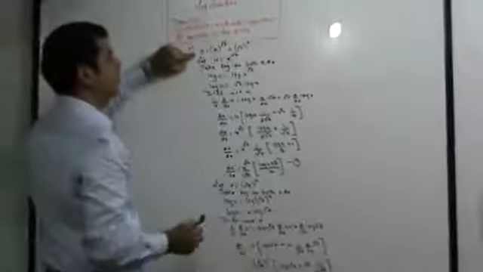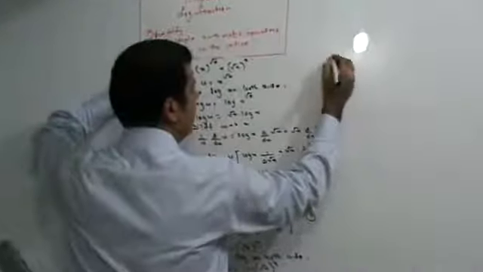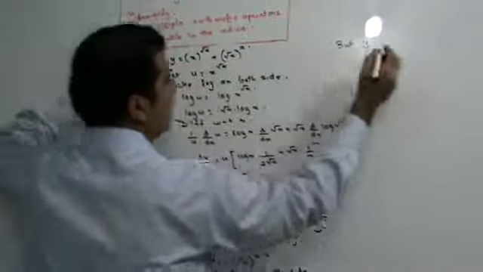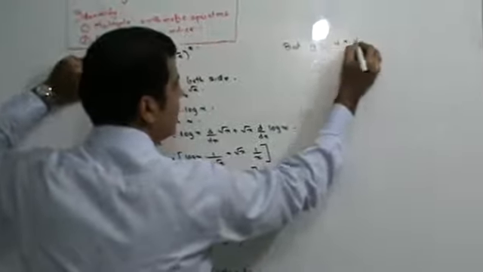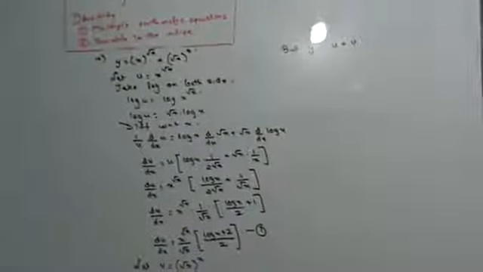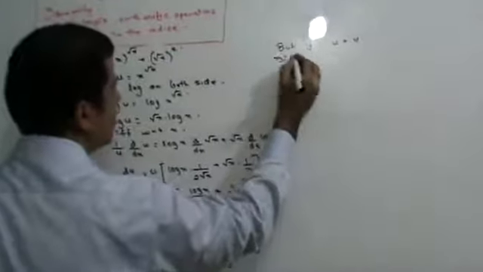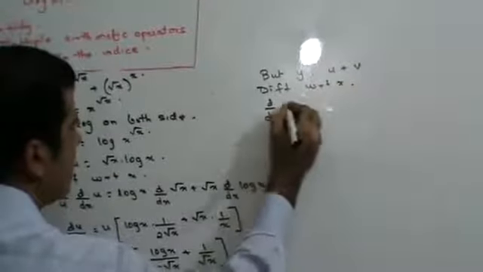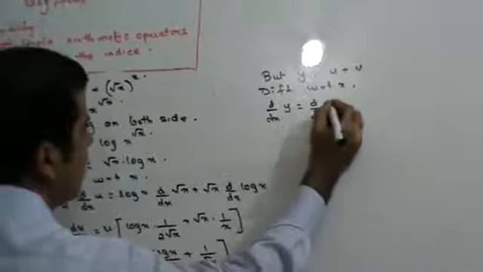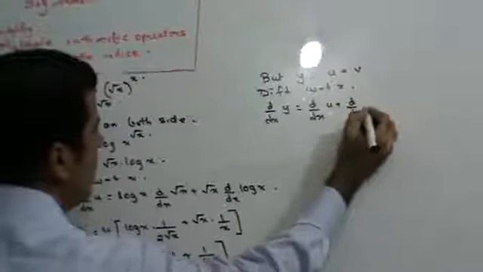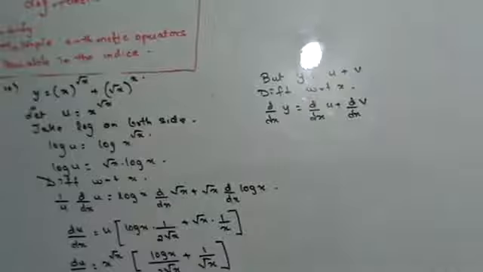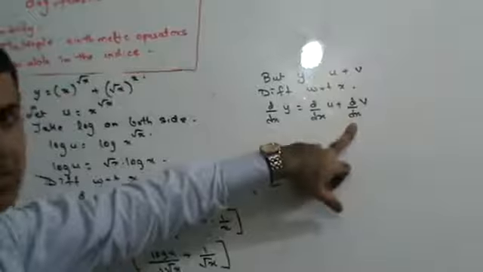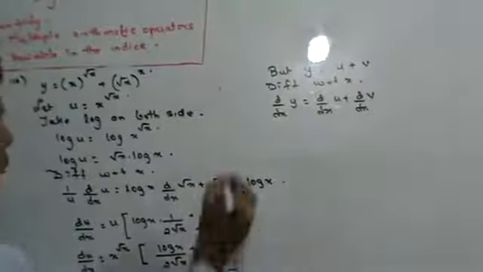The original sum, I'm going to continue the sum here. I can say, but y, this is u, this is v. But y is equal to u plus v. Right? Differentiate with respect to x. So you will get d by dx of y is d by dx of u plus d by dx of v. Right? You have the value of d by dx of u and d by dx of v from equation 1 and equation 2.